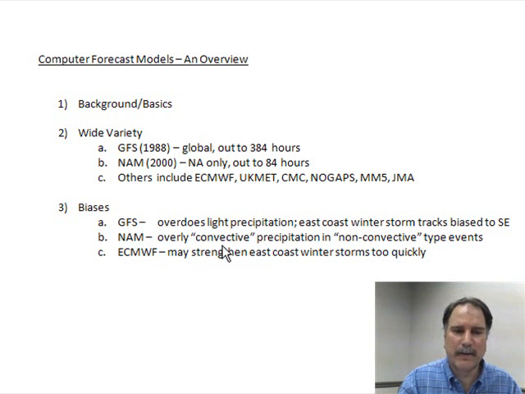The NAM model once in a while has what's called a convective feedback problem. Actually, it sometimes develops overly convective type precipitation amounts in a non-convective type of event. For example, there may be what looks like thunderstorms dumping lots of rainfall in a pattern that's more conducive to light to moderate rainfall, such as ahead of a warm front.